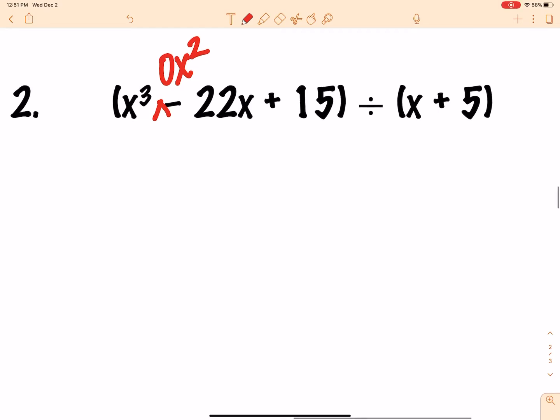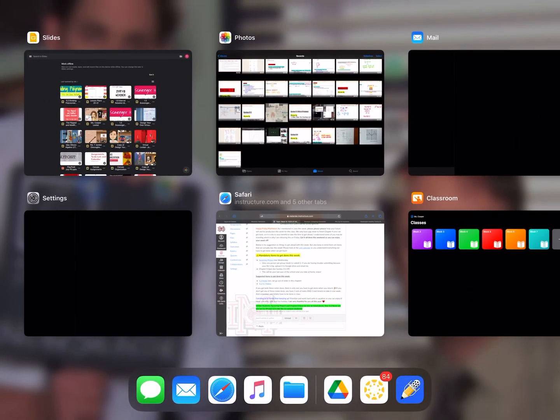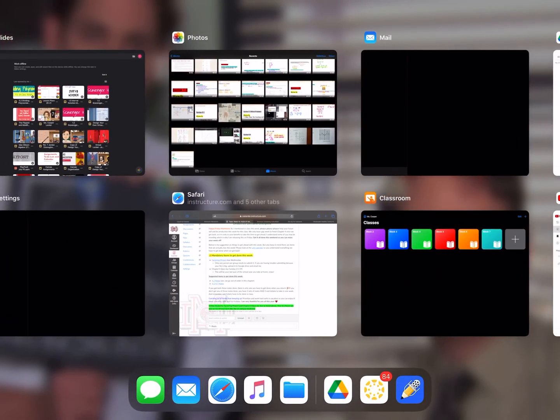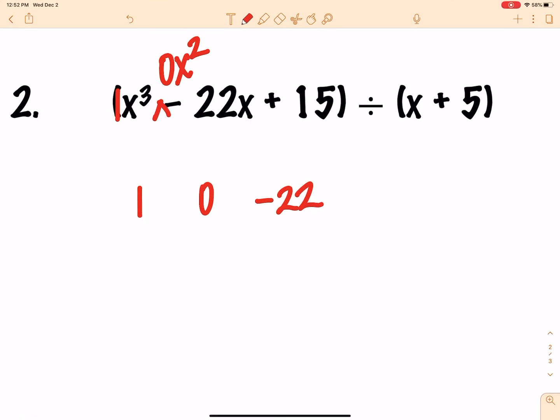Then we put those coefficients and line them up. So we have an invisible 1, 1, 0, -22, and 15. Now we put a division symbol up top.